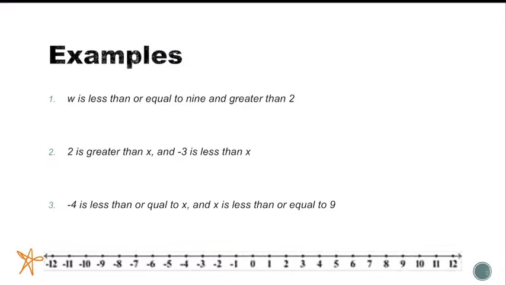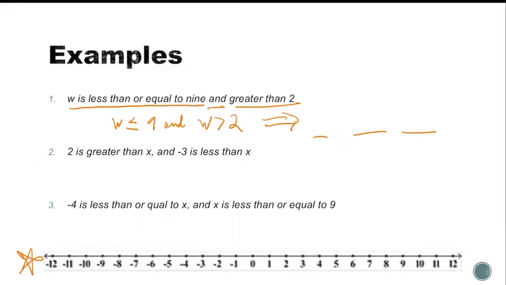Okay, so I have w is less than or equal to 9 and greater than 2. So w is less than or equal to 9 and w is greater than 2. Let's say I want to write this as a three-part inequality.